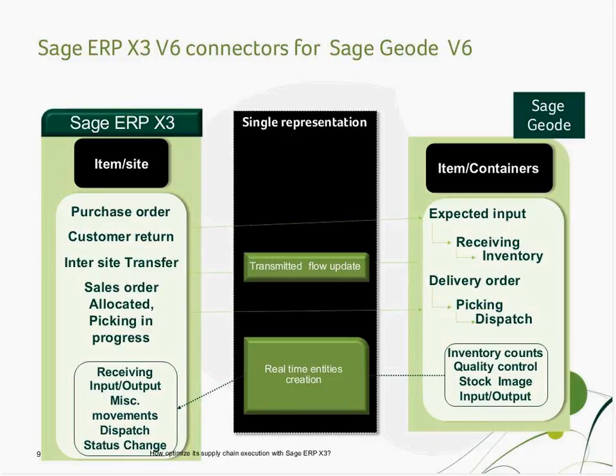The ERP is in charge of the creation of items. The flows are transmitted and communicated to Sage Geode, and Sage Geode is going to organize the flows with a physical notion of the execution.